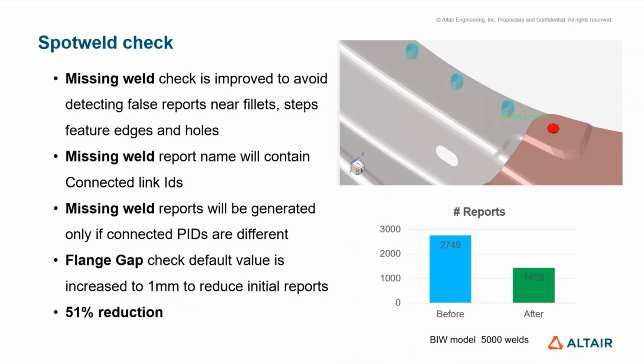As a default value, I set it to 0.1 millimeter, which was very strict, and most of the customers were forgetting to turn on or tune this value, and they ended up creating a huge number of slides. Now we have changed this value to 1 so that you can reduce the initial slides from hundreds to a few.